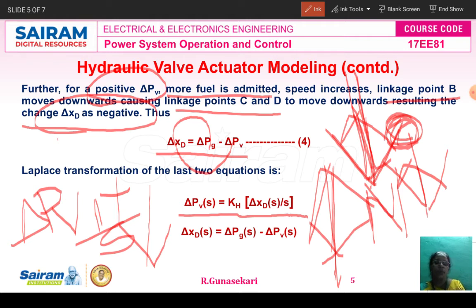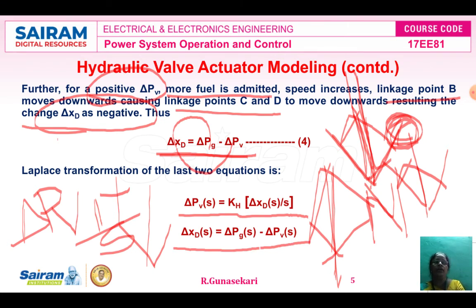This is the previous equation. Now equation number 4, after taking the Laplace transform, is del XD of s equals del PG of s minus del PV of s.